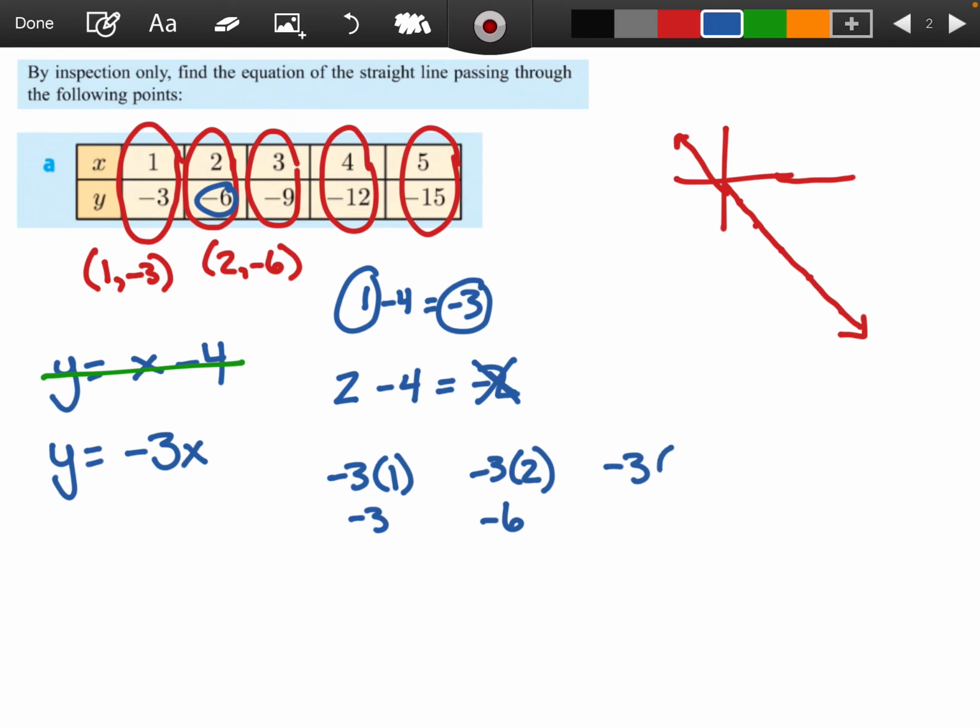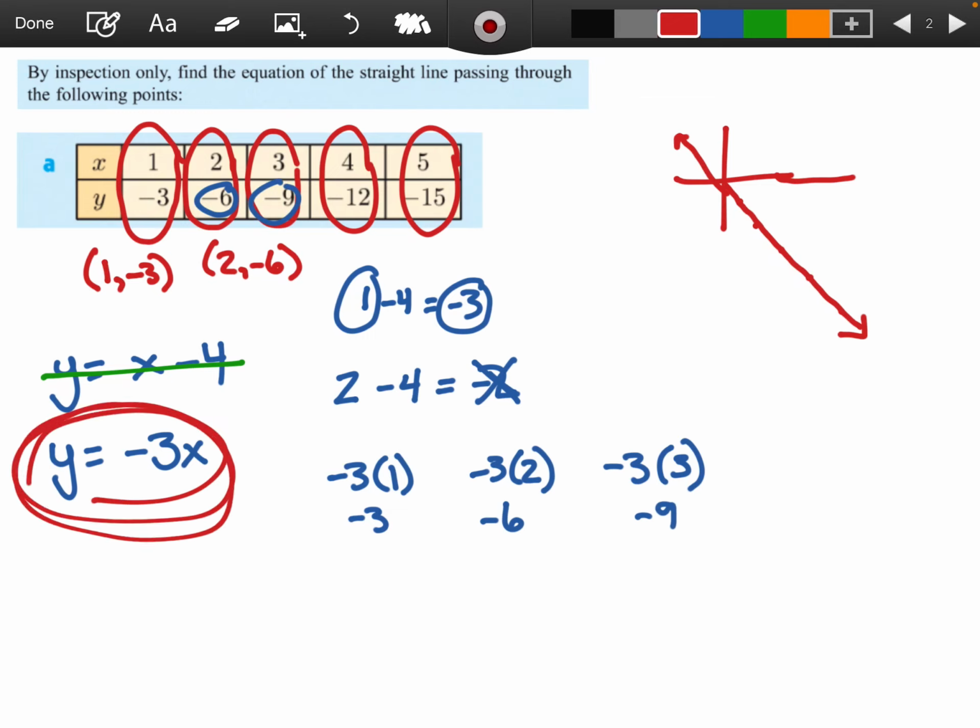Try one more: -3 times 3 gives me -9, which is what I need for that. So this is the equation for that series of points. That line's equation is y equals -3x. So again, you might go through a couple of incorrect tries before you land on the one equation that's going to work for every point.